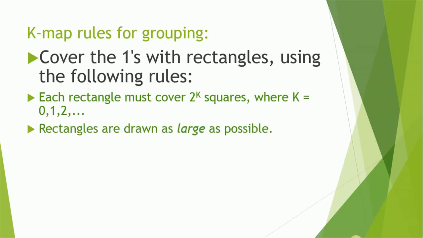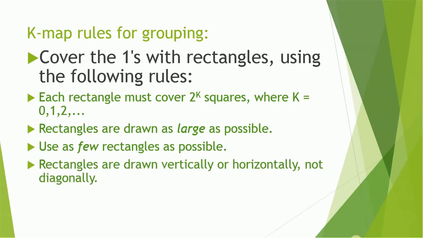The next rule is that I want to group as many of the ones together as possible, remembering rule number 1, that they have to be groups of binary values. The next one is I want as few rectangles as possible, which kind of ties back into the second rule, to try to group as large as possible or as many ones together as possible.